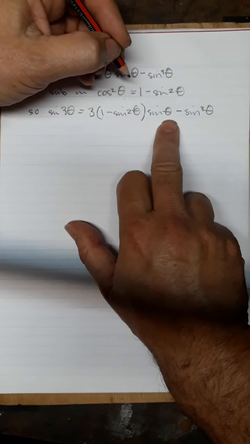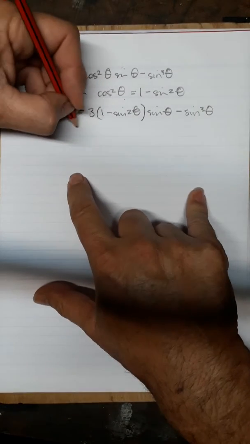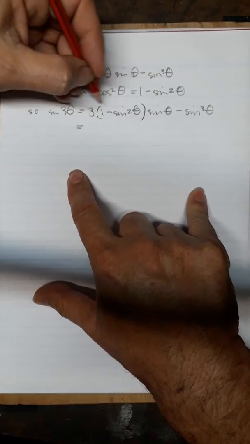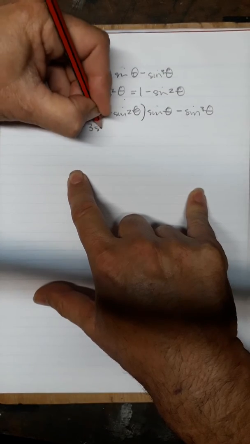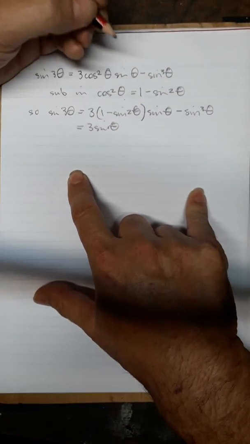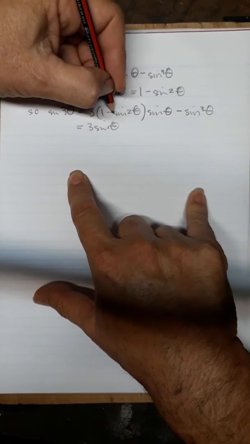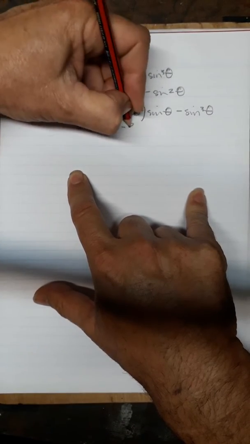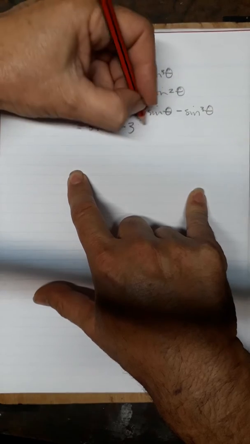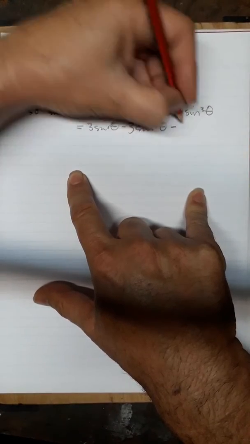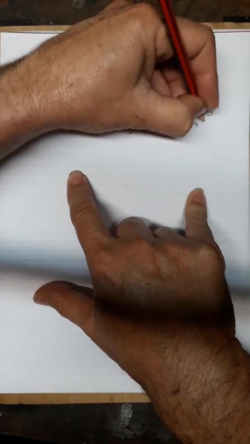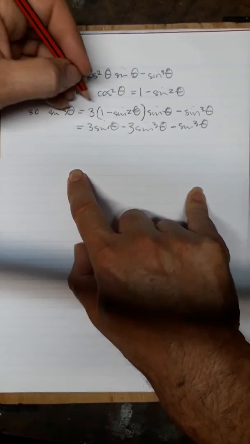Let's expand this out, see if we can tidy it up a bit. 3 times 1 times sine theta, 3 sine theta, minus 3 sine squared times sine theta, that is 3 sine cubed theta, minus sine cubed theta on the end here.